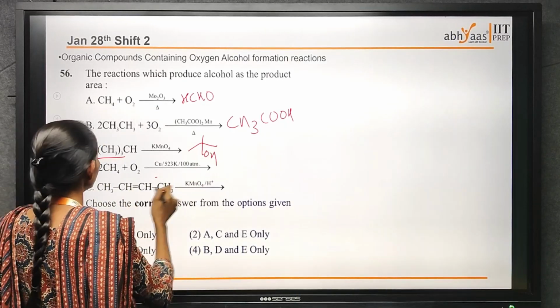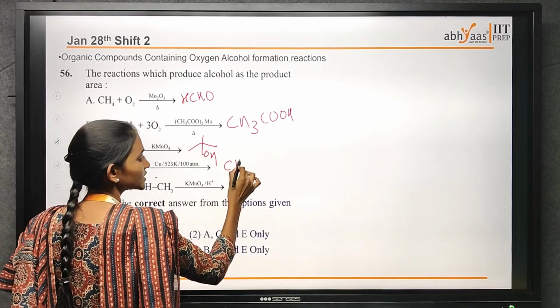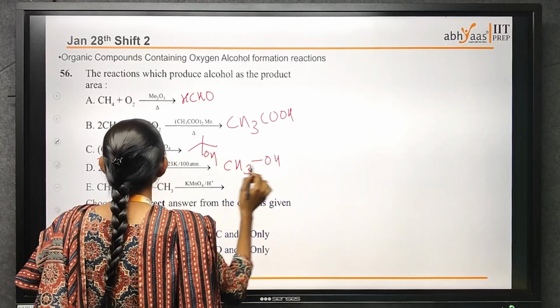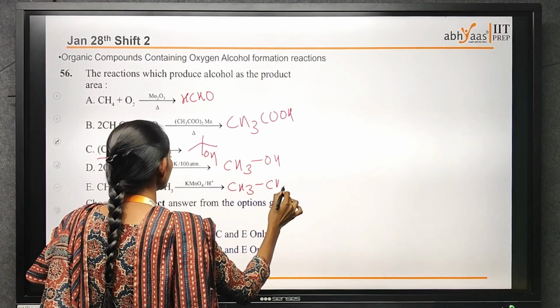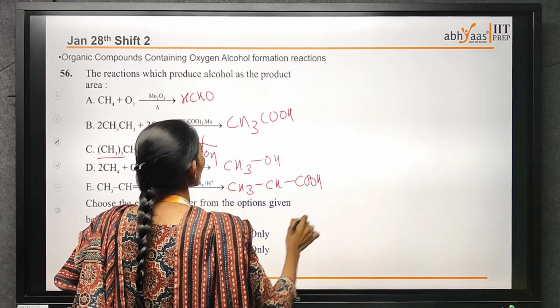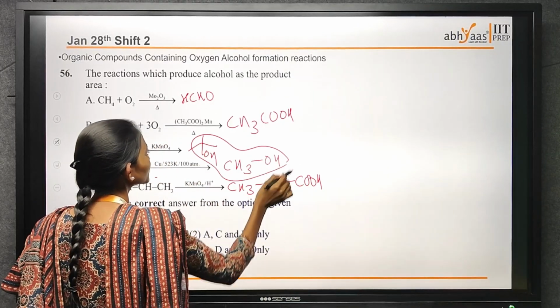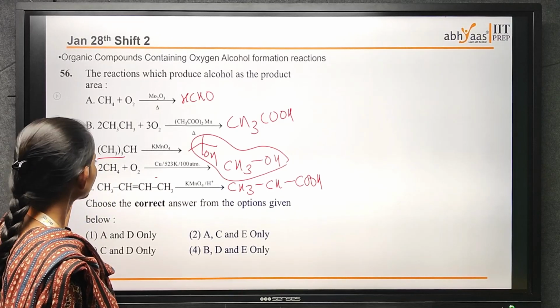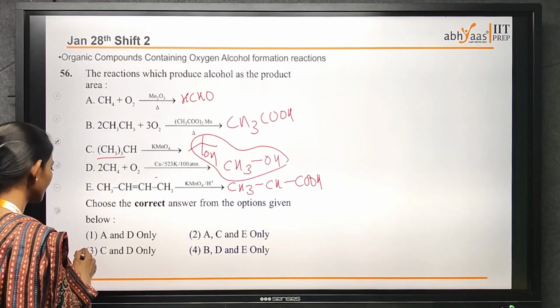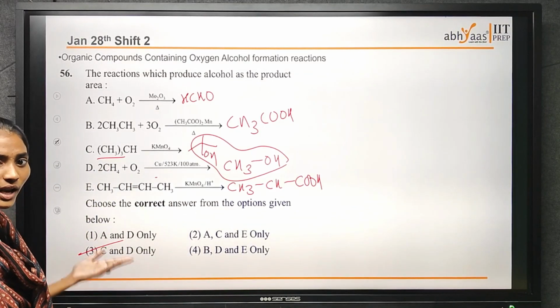Here you are getting CH3OH, right? And here you are getting oxidation only. Alcohol means we are getting only at these positions. All are carboxylic acids and aldehyde. So hence option will be C and D will be your answer, which is 3. Very simple answer.